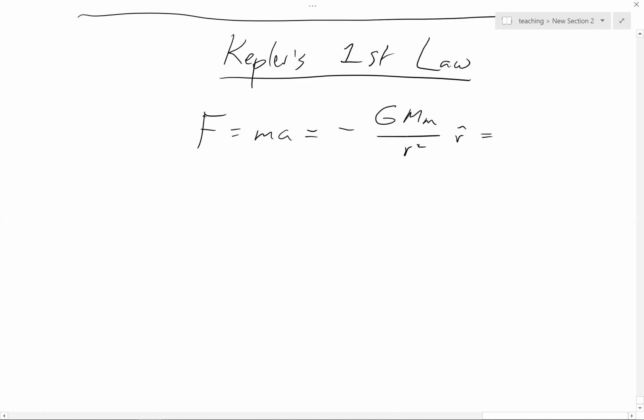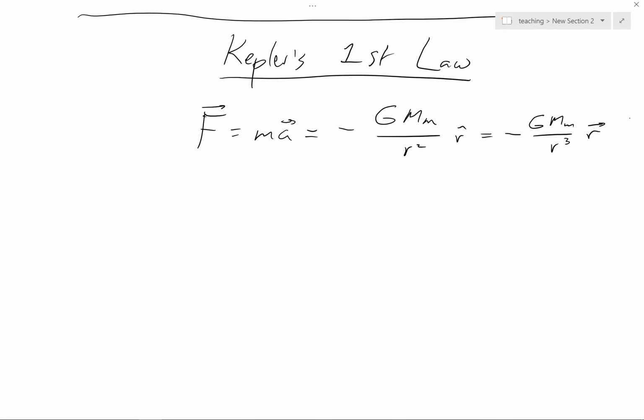And we saw it was useful to write the r hat in terms of r, so minus GMm over r cubed r. Then, just from the fact that a is in the same direction as r, that gives you Kepler's second law.